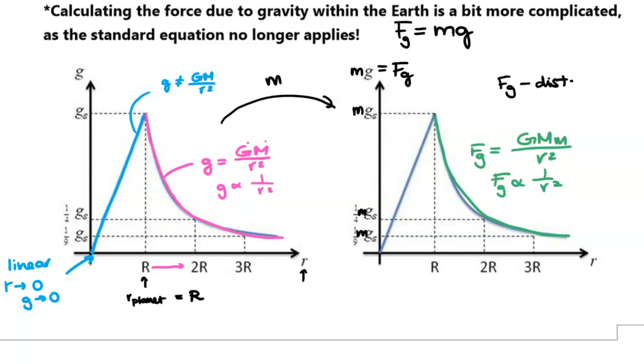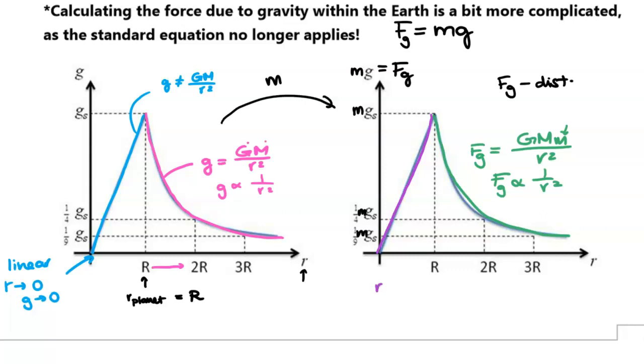Like we saw before, when we're at a distance of r, the force on this little mass m was equal to mg, and gs they've got there as the surface. If we double that radius, we quarter the force, and if we triple that radius, I wish it rolled off the tongue a bit better, 1/9, we divide the force by 9. Within the Earth, though, this formula does not apply.